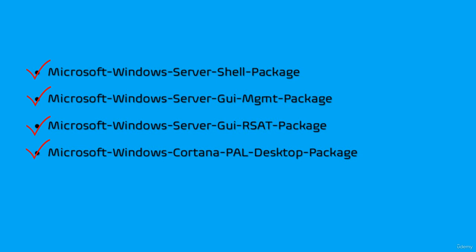Now, while maintaining the capabilities required to support traditional business applications as well as role-based workloads, Server Core does not have a traditional desktop interface. Instead, Server Core is designed to be managed remotely through the command line, through PowerShell, or a GUI tool like RSAT or Windows Admin Center.